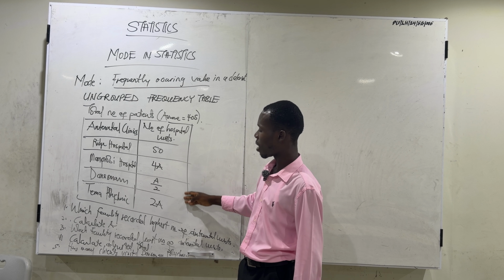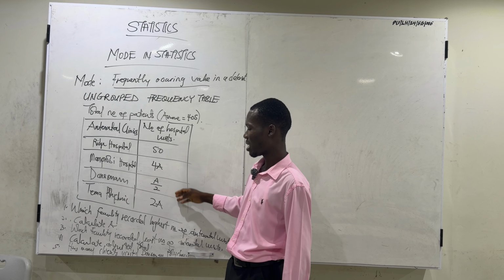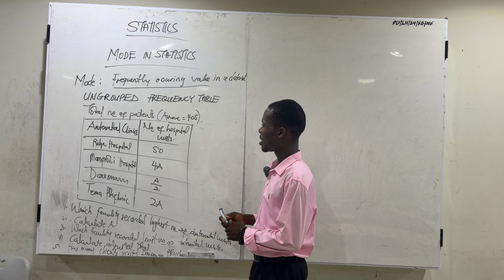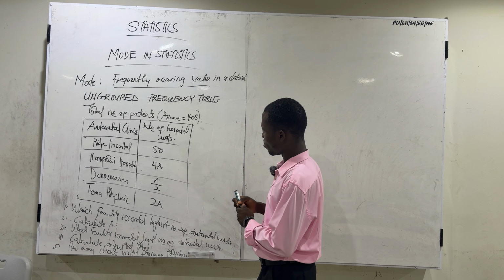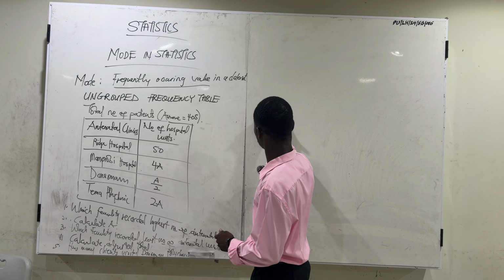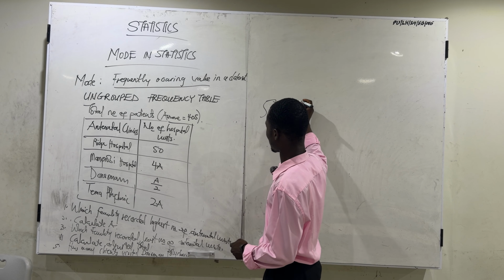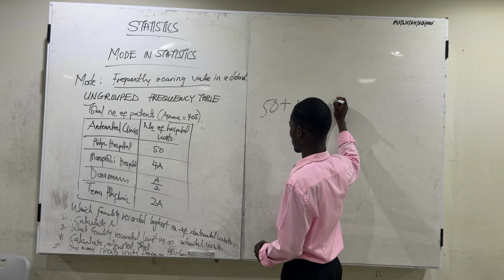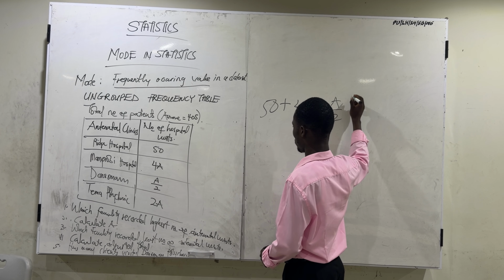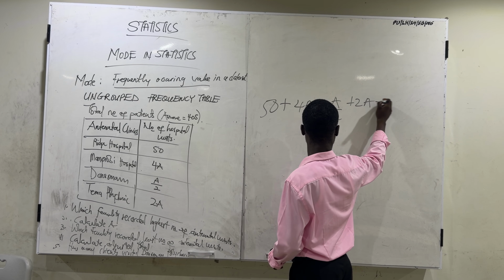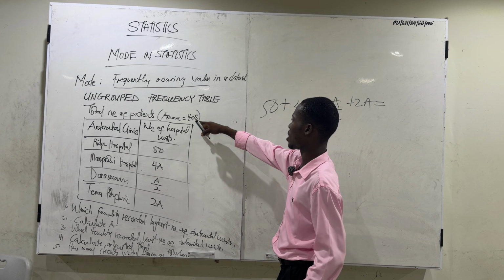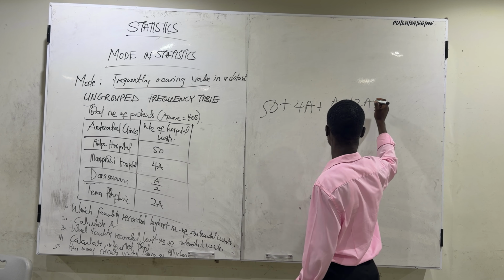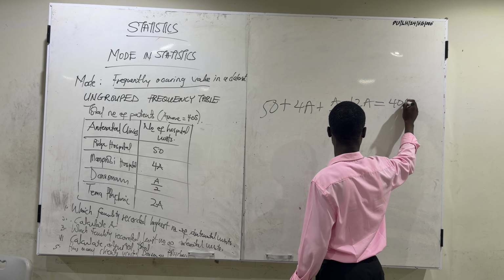So over here, what we have to do is first find our A. In finding A, we can use this way: 50 plus 4A plus A over 2 plus 2A, all equal to the assumed total number of patients, which is 405.